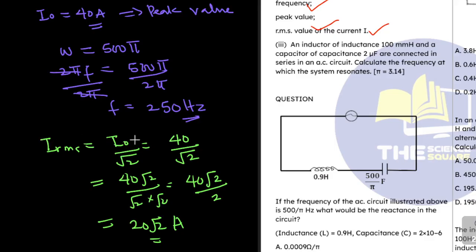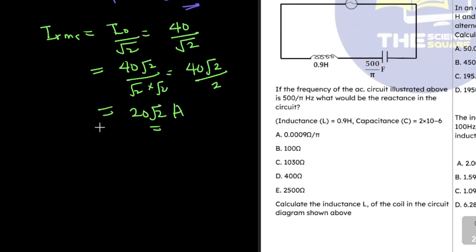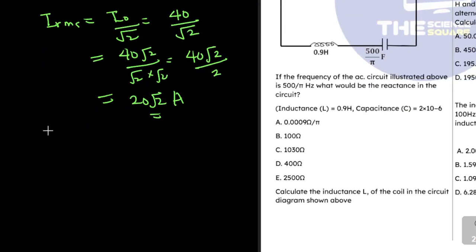But in this specific case, the relationship given is in terms of current. Other things that can be asked in this question: you could be asked to calculate the period. We have discussed in the previous video that period is the inverse of frequency.